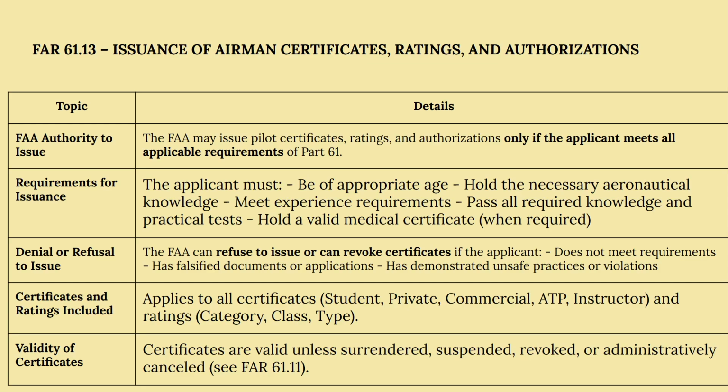Denial or refusal to issue: the FAA can revoke or suspend your certifications if the applicant does not meet the requirements, or has committed fraud or falsification of documents, or has demonstrated unsafe practices or violations. Good examples are writing false claims in your logbook, or writing false maintenance records to keep your airplane up to date.